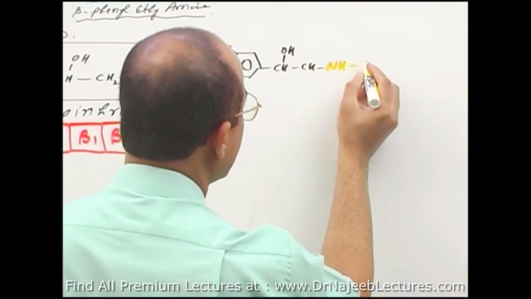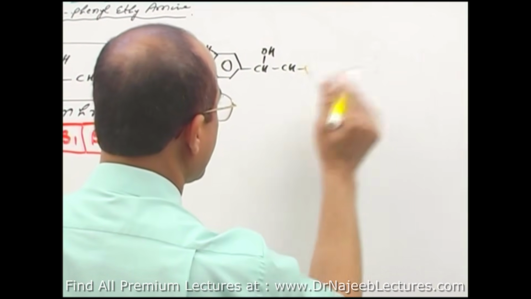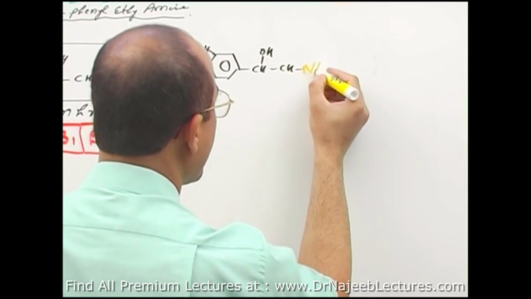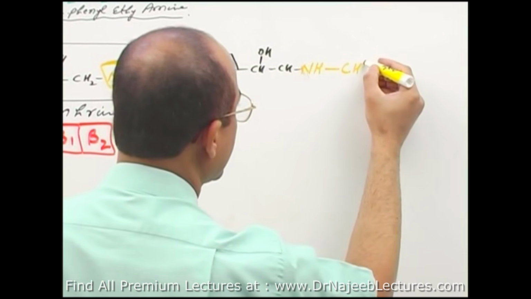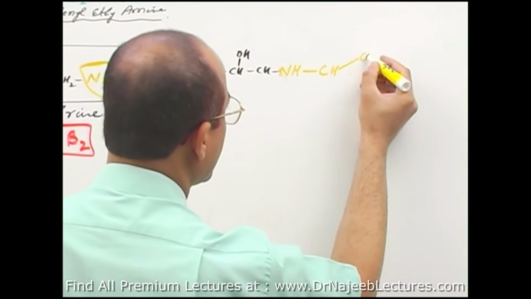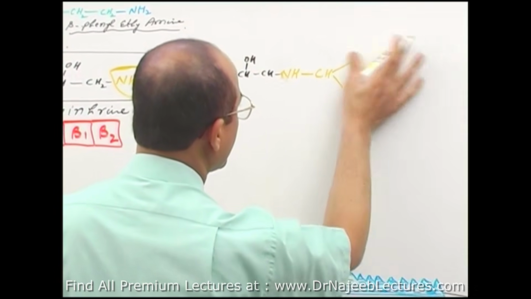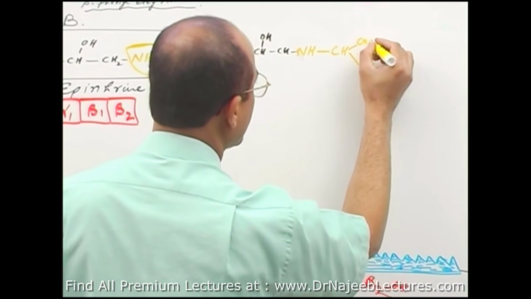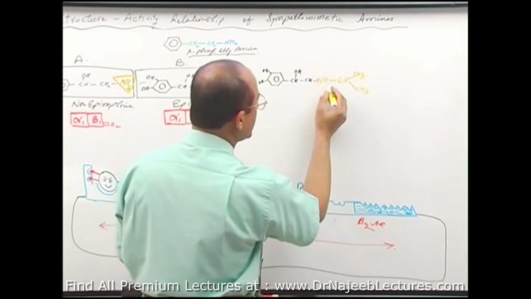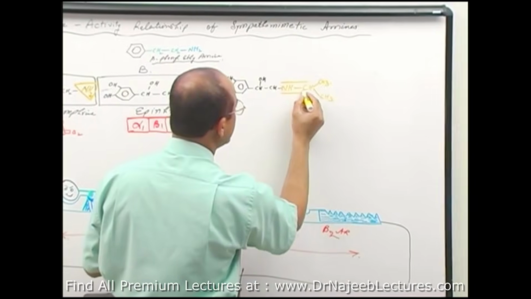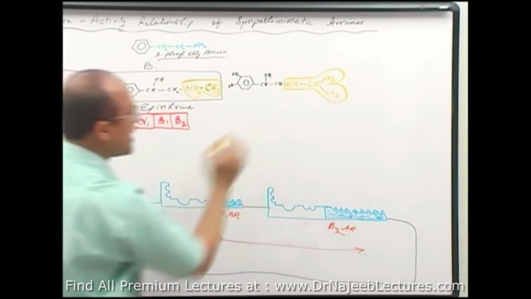Now NH, CH2, NH, CH, okay, CH3 and CH3. Now what we have done, here now we have changed the amino end. The amino end has become heavier.